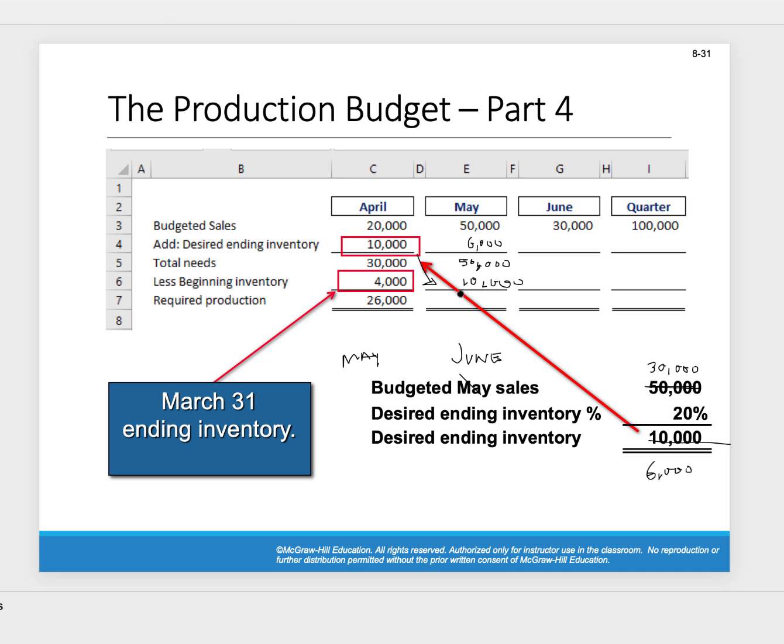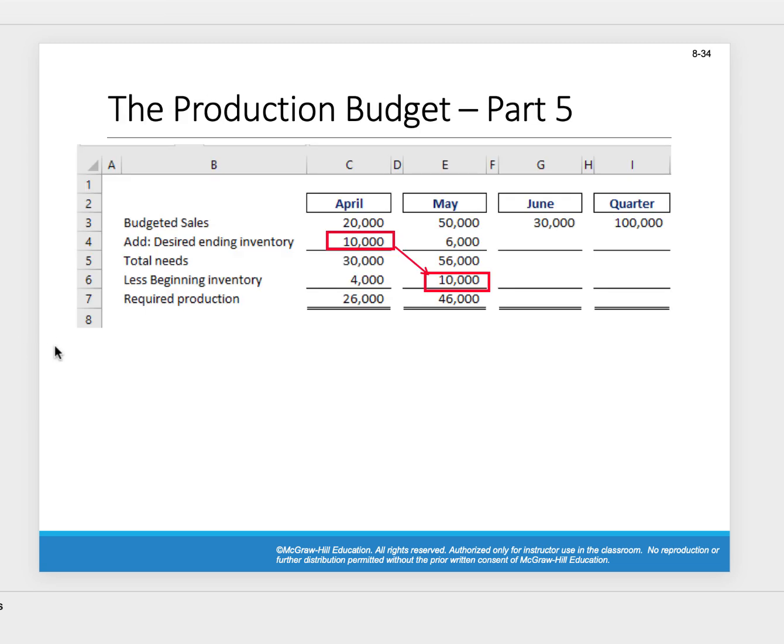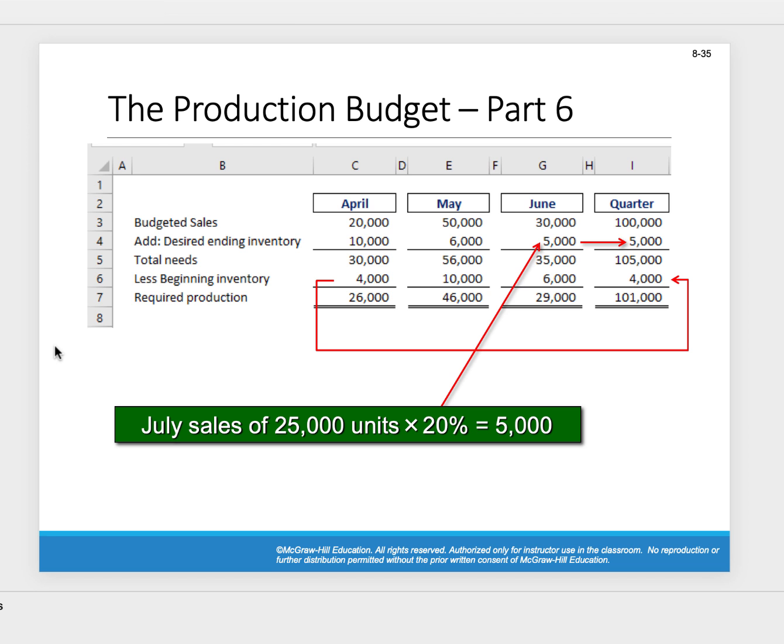Well, that is $46,000. And let's see if we're right. Yep, 46,000. And they go through the calculation with us again, right? Now, notice that June ends the quarter with 5,000. That's because that's 20% of July's sales.